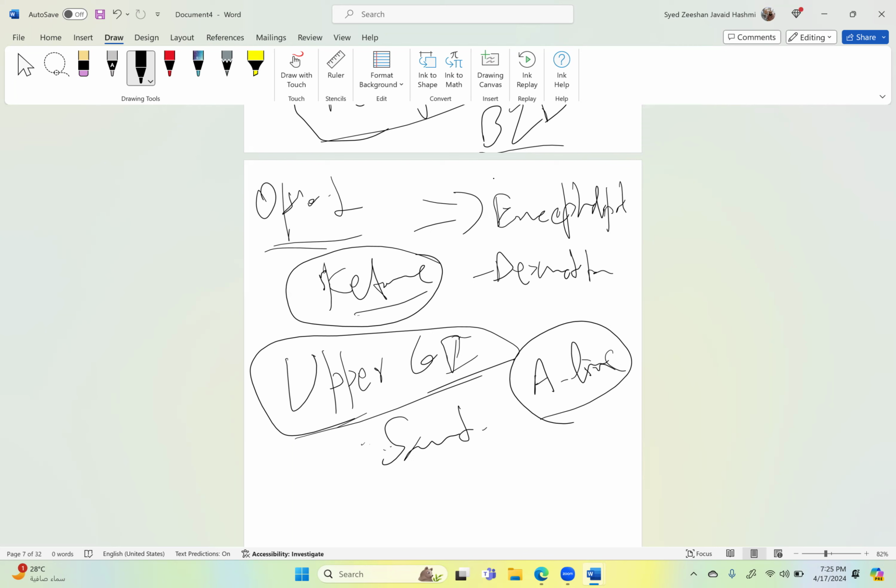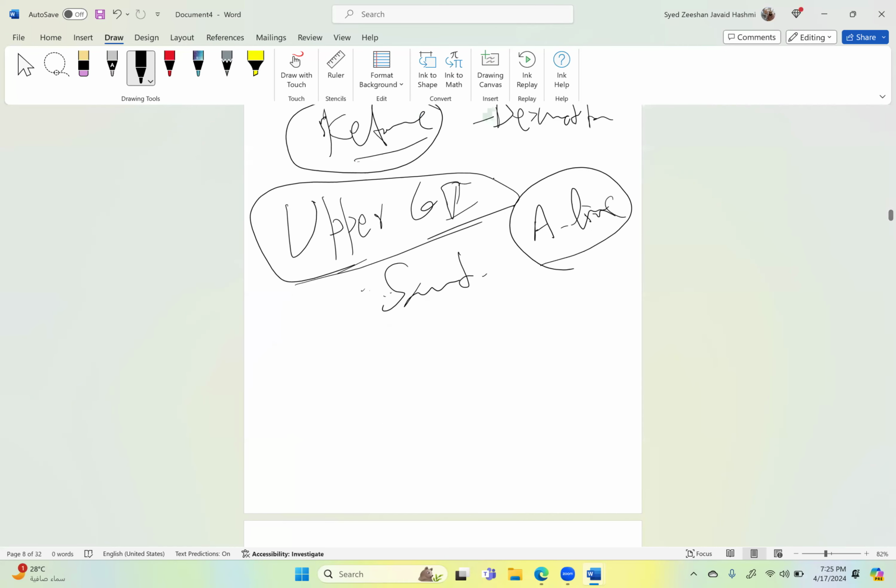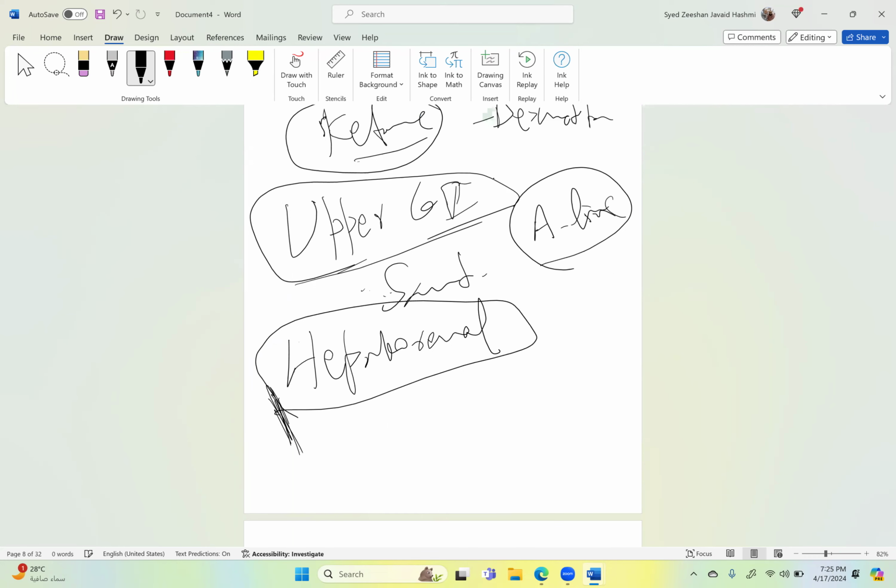Another thing, all the factors you will be avoiding, as I mentioned before, hepatorenal syndrome. If there is hypoperfusion or you are not able to stabilize the patient, they might go into hepatorenal syndrome. So even in that case, monitoring urine output is very important.